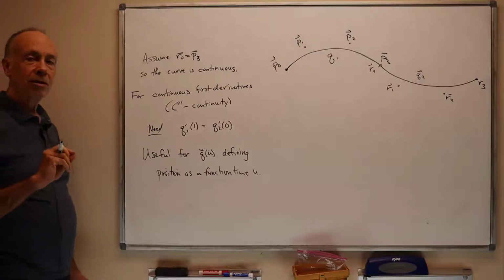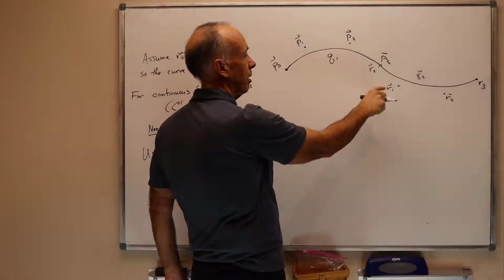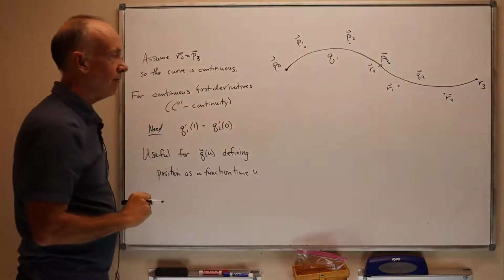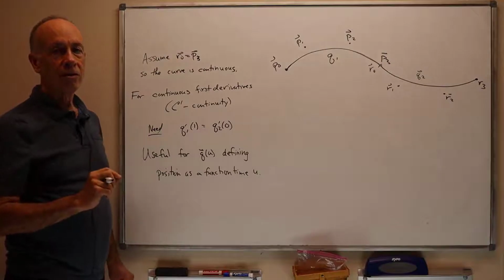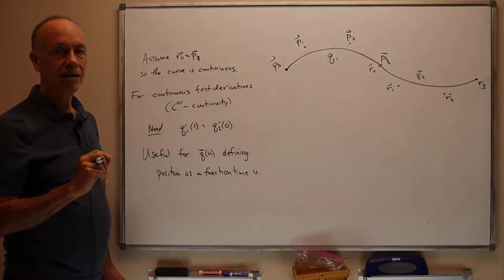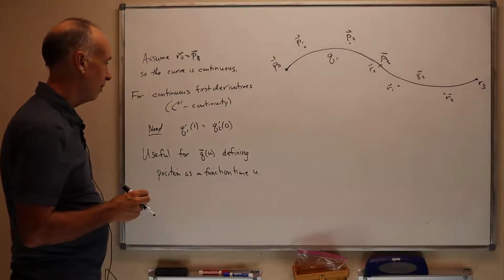So in other words, with continuous first derivatives, if you're moving along the curve Q formed by putting together Q1 and Q2, if Q of U gives you the position on the curve, your velocity will be a continuous function. You won't get jerked around or any sudden changes in velocity and so on.